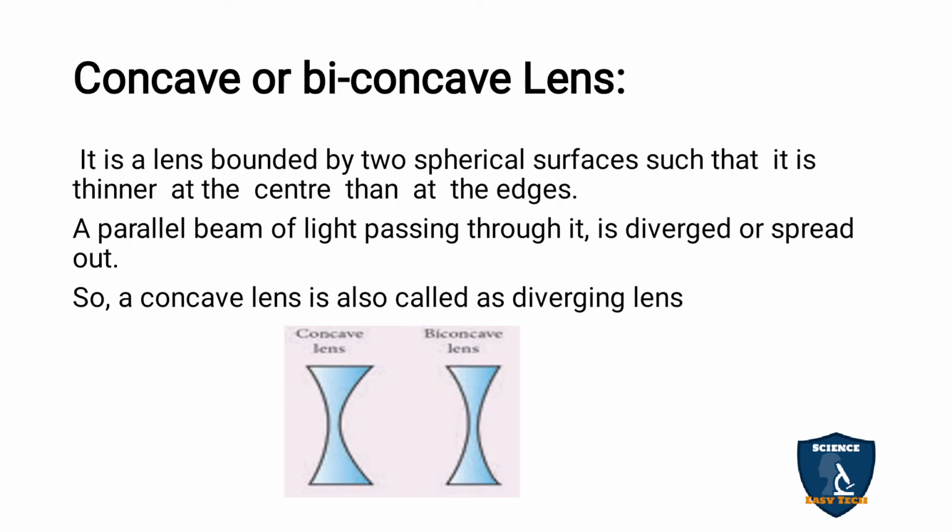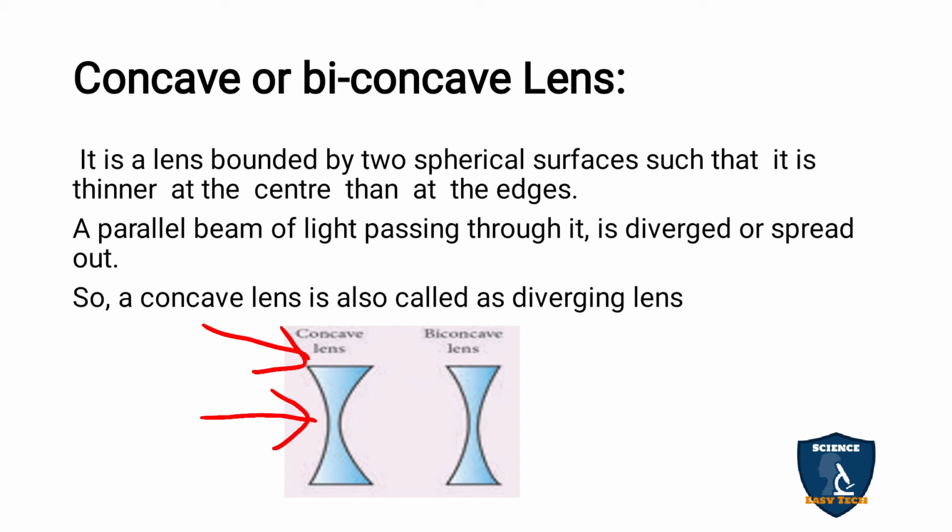Now we are going to see the concave or biconcave lens. In the convex lens, at the center it is thick and at the edges it is thinner. But in concave, at the center it is thinner and at the edges it is thicker.